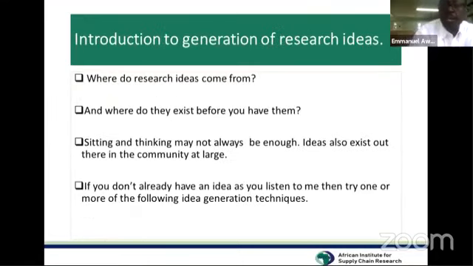So really, the concern here is often you ask yourself, where do these ideas really come from? That's a fundamental question. And where do they exist before even you have them? This is a very important stage when you are a researcher, because at the end of the day, this is the only way you will be able to see a gap and be able to have a meaningful research.